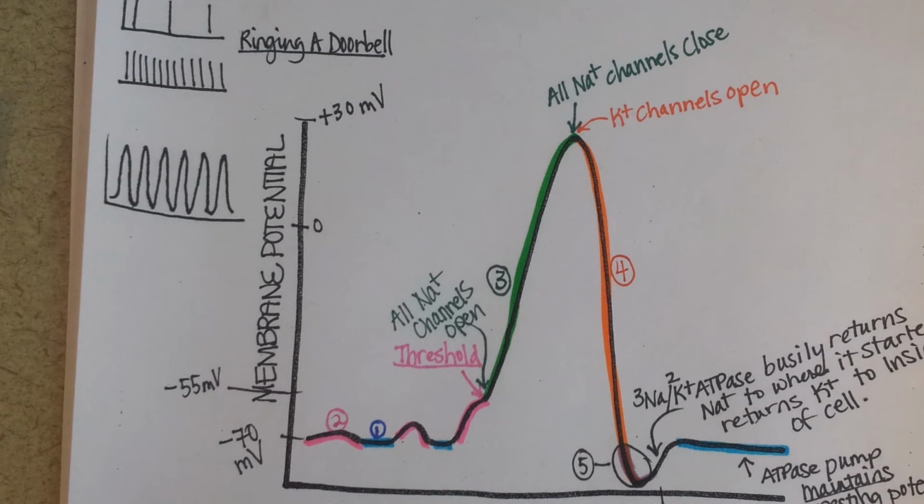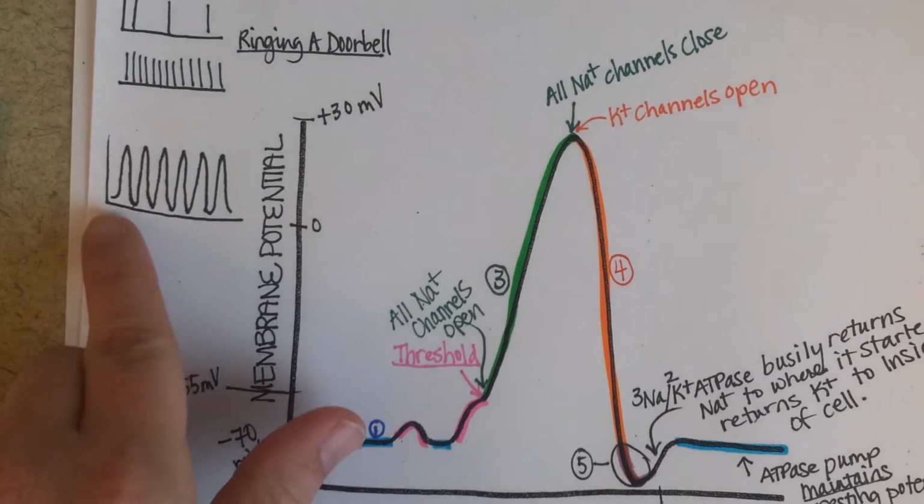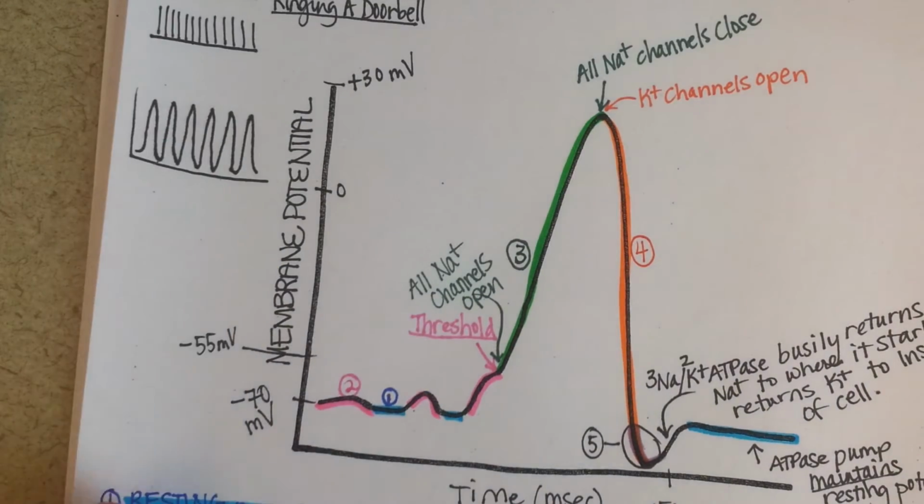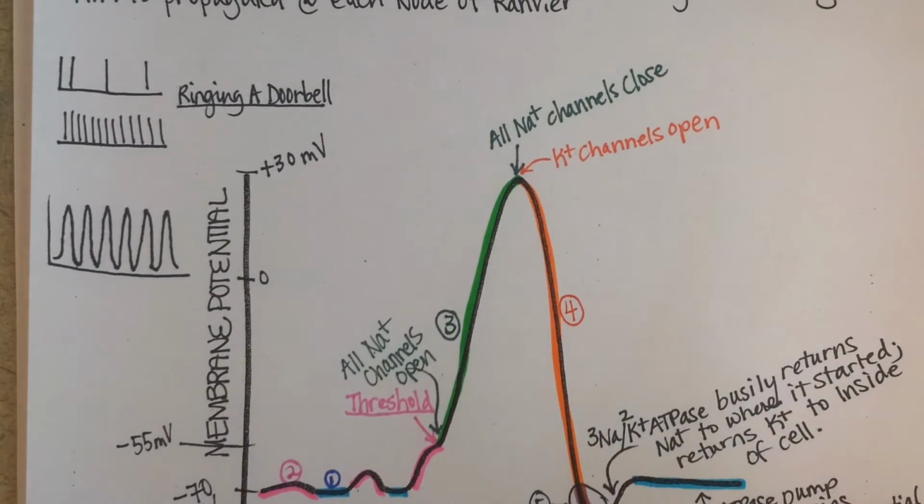And then there's something called the relative refractory period where if the stimulus is strong enough, you could fire another action potential. But you can only have the action potentials so close together. Think about this with the doorbell. It might depend on what kind of doorbell you have, but in my house, if the kid is pushing the button too many times, instead of hearing a ding dong, I start to hear a ding ding ding ding like that, and it goes a little bit faster, but it's not getting the entirety of the ding dong.